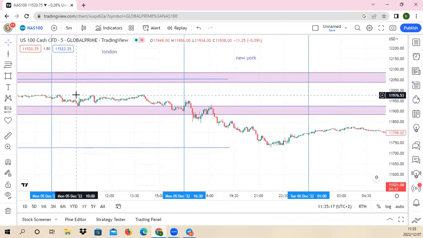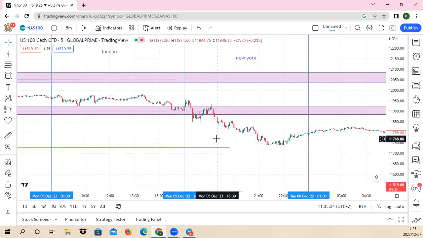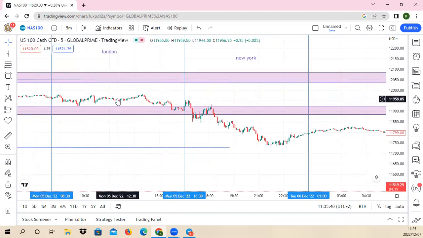So at this point, this market has already taken reaction from our premium, you see. So I think the institutions are trying to shift this market down to basically where our demand is, you see. So they've probably fulfilled enough orders at this point in order to shift the market and change its whole character.